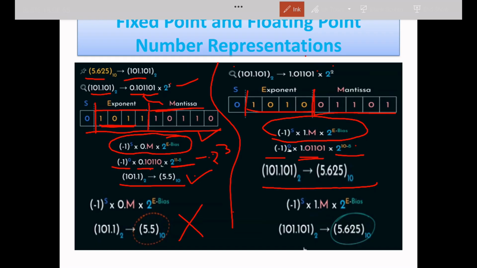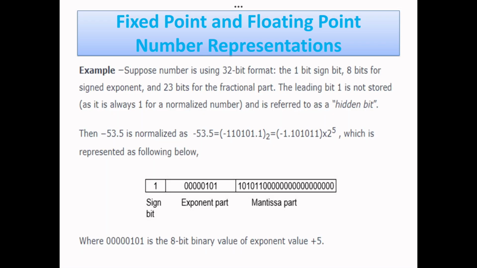Because we are losing 1 bit in explicit normalization, but in implicit normalization I am not losing any bit, so I get the exact answer. So implicit is better than explicit. Remember it. This is very important for your interview.